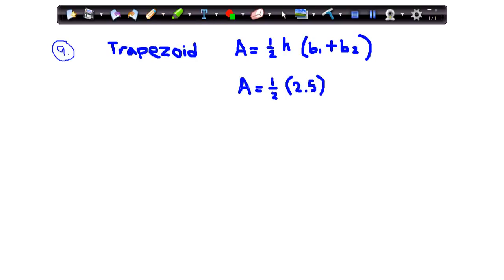So base 1 and base 2, that's what we're getting ready to do now. Okay, so 2, that's your base 1, plus 6, that's your base 2. Okay?